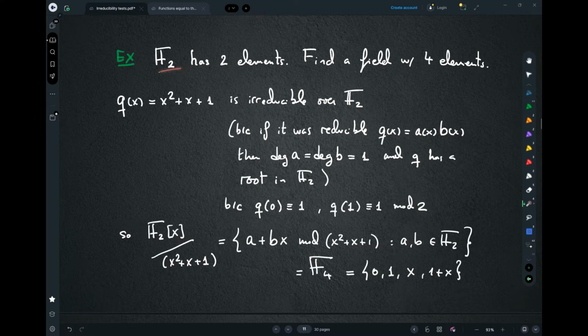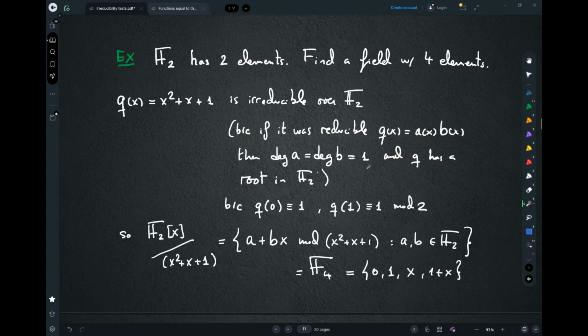How? Start with a field of 2 elements, so Z modulo 2, and we're going to find a field with 4 elements. Take q of x to be x squared plus x plus 1. This polynomial is irreducible over F_2. Why? Because it is quadratic, so if it was reducible, then it would have to have a non-trivial factorization as a polynomial of degree 1 times a polynomial of degree 1.